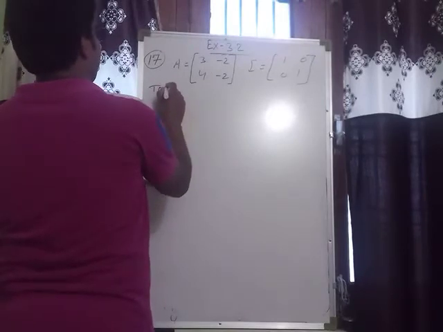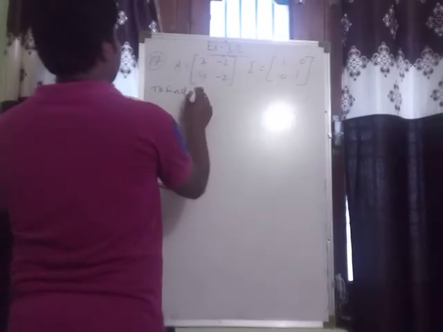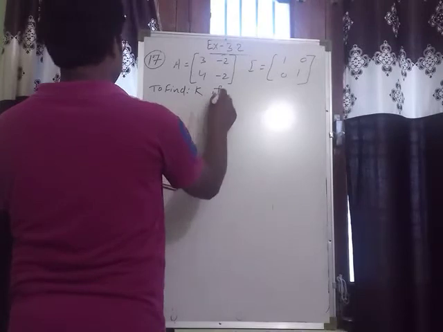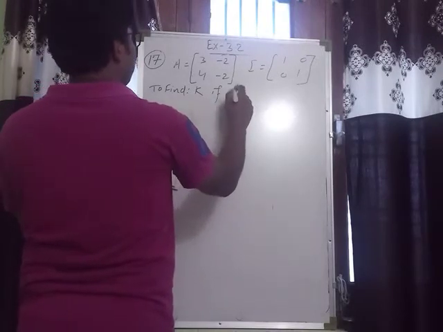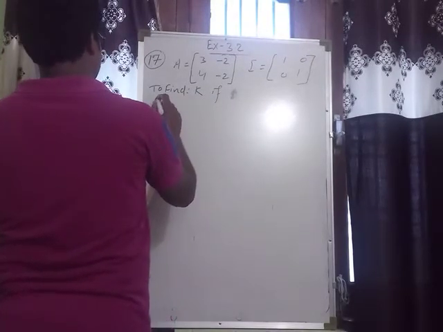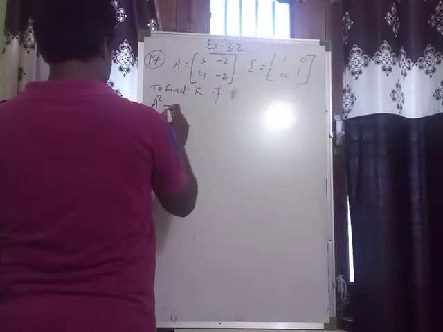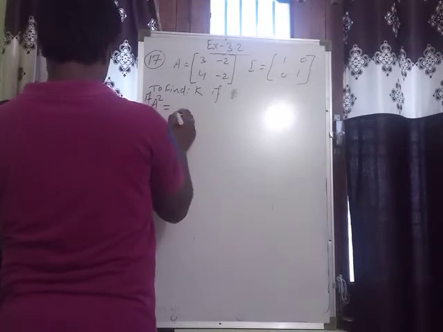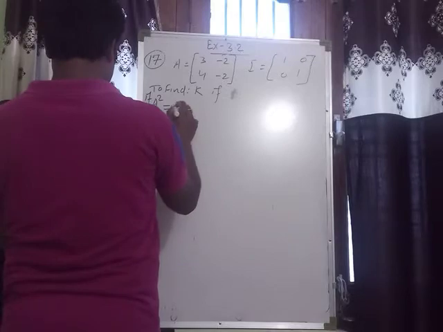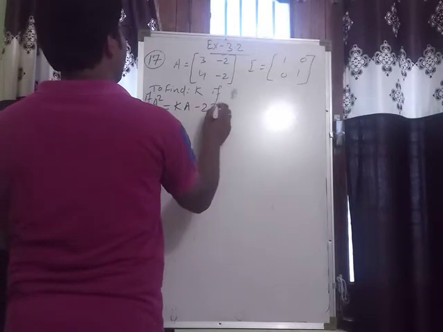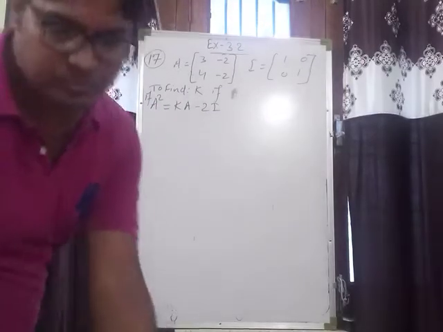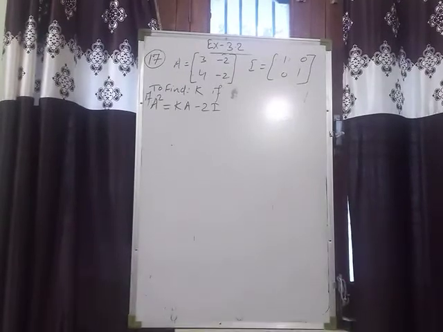Find K, if it is given that A square is equal to Ka minus 2i. Okay. Ka minus 2i.